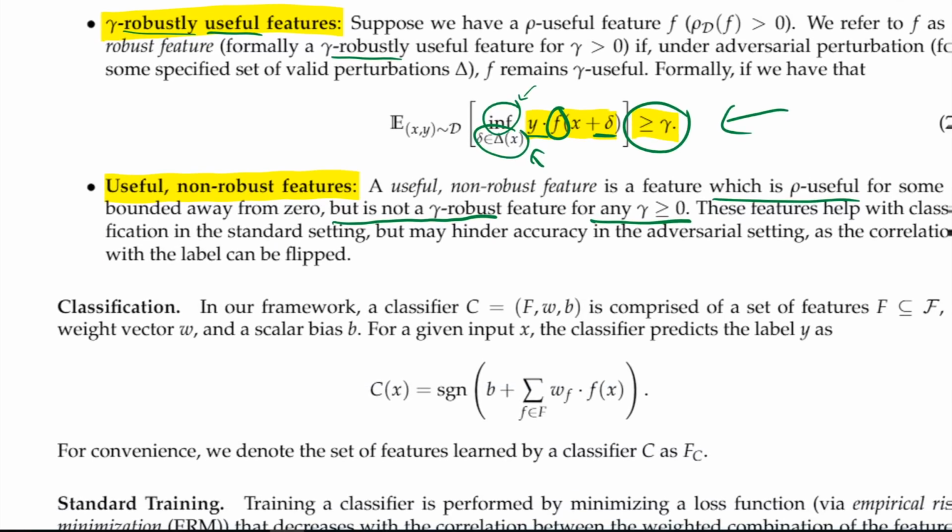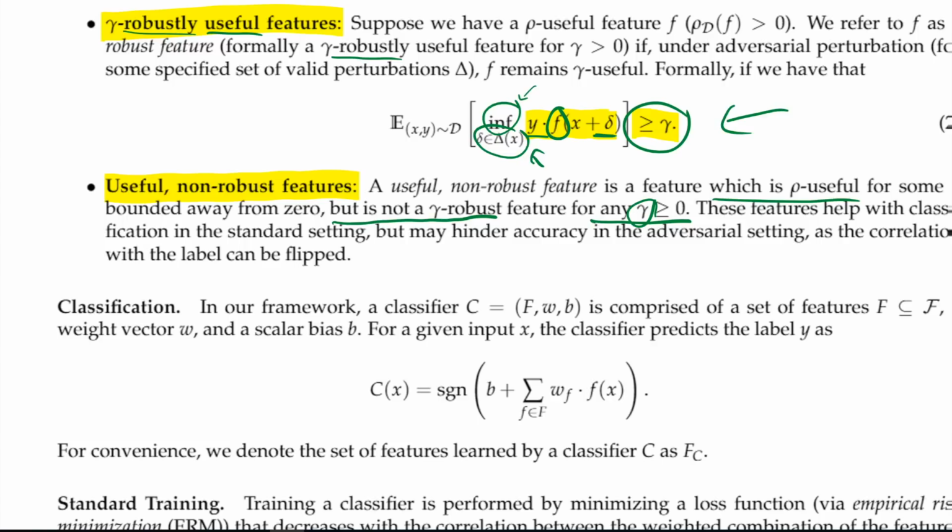But here, the cat's fur, no matter how small we make this gamma, we can always change the fur to make the feature not useful, right? If we can change the cat fur into a dog fur and the dog fur into a cat fur, then the feature will become not useful anymore, because we can change that arbitrarily for any image, and then the classifier will have no clue.